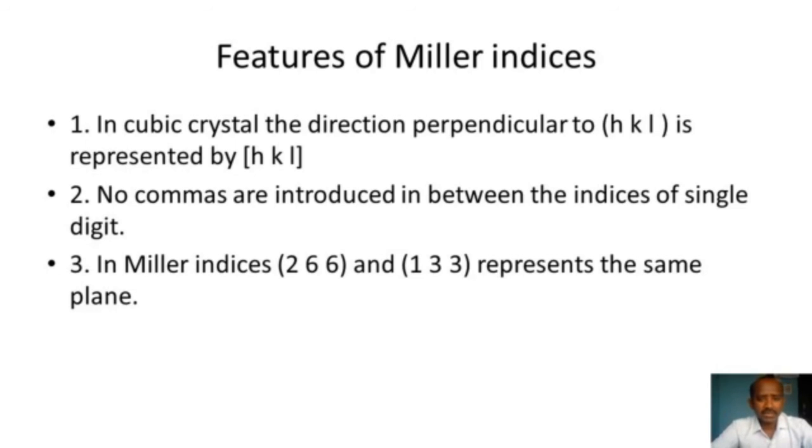In Miller indices, 2, 6, 6 and 1, 3, 3 represent the same plane. Here 2, 6, 6 can be reduced to 1, 3, 3 by dividing by 2, so both are the same. In this session we have studied the Miller indices. Thank you all.